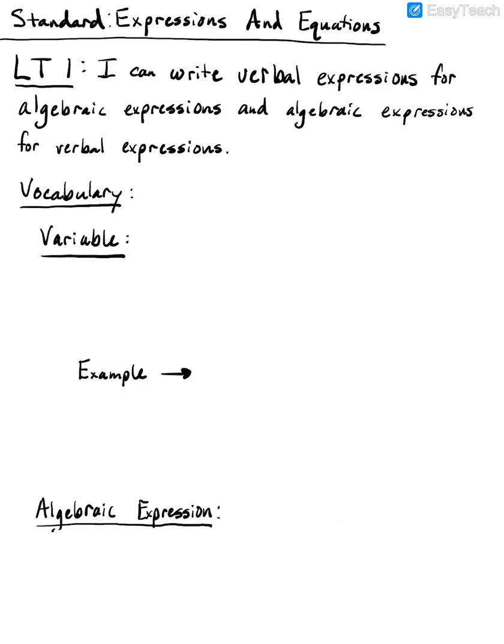So the first word is variable. A variable is a letter used to represent numbers or values that are unknown.